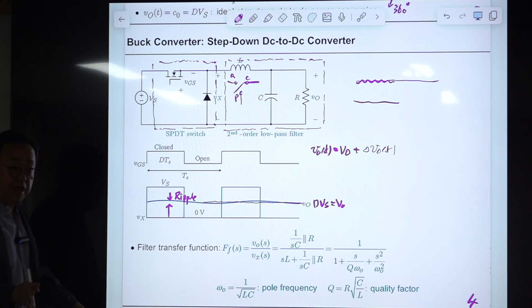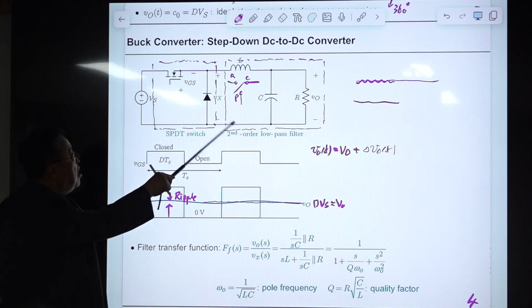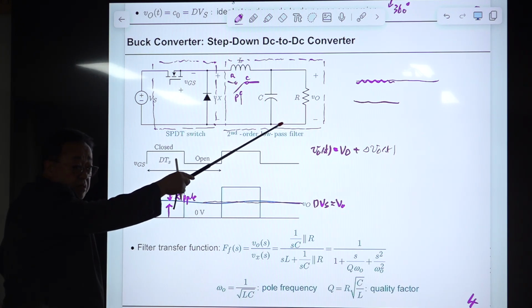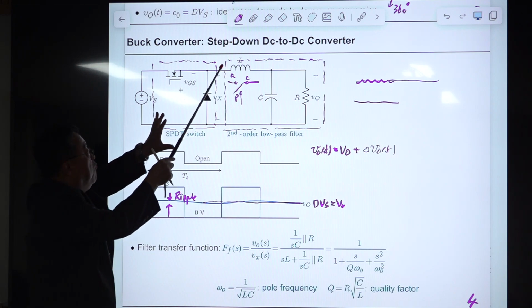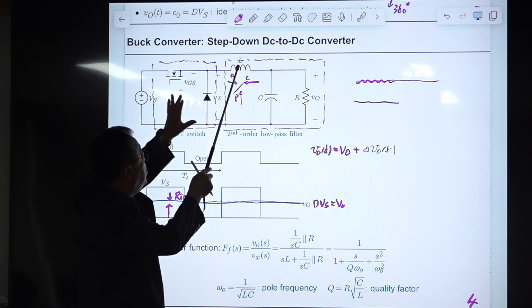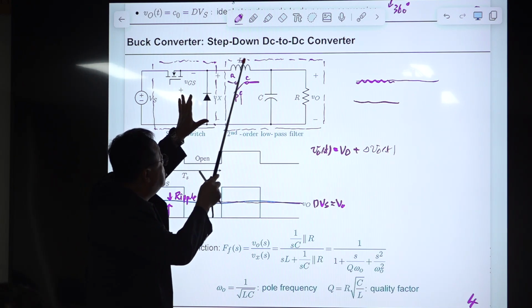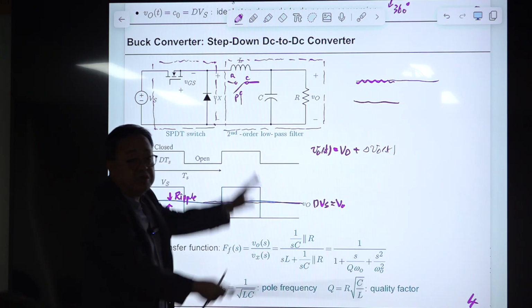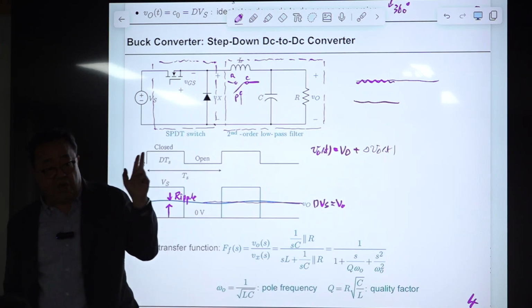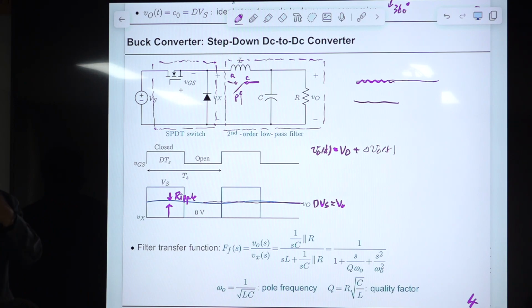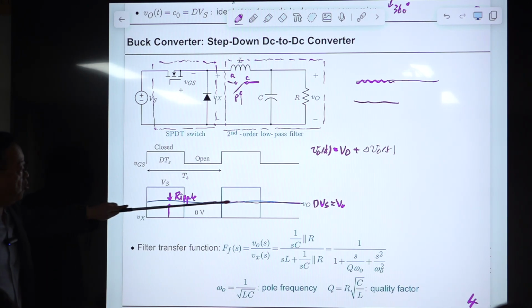So to understand that, you need to study the transfer function of this. If you find the transfer function and think about the frequency response of this second order filter, that is the response to a sinusoidal wave applied to the input. Assume the input is a sinusoidal waveform or a collection of sinusoidal waveforms.